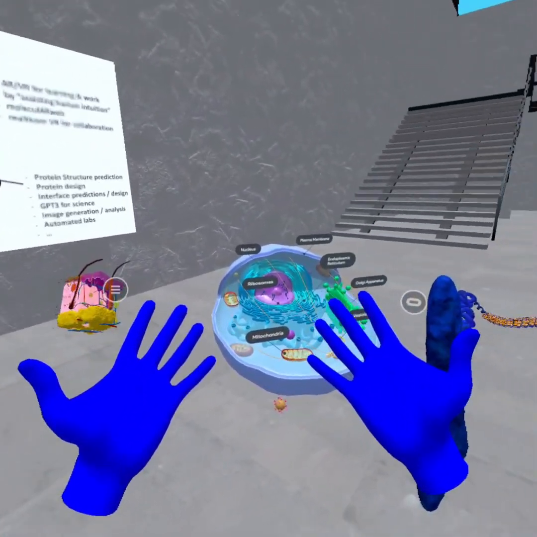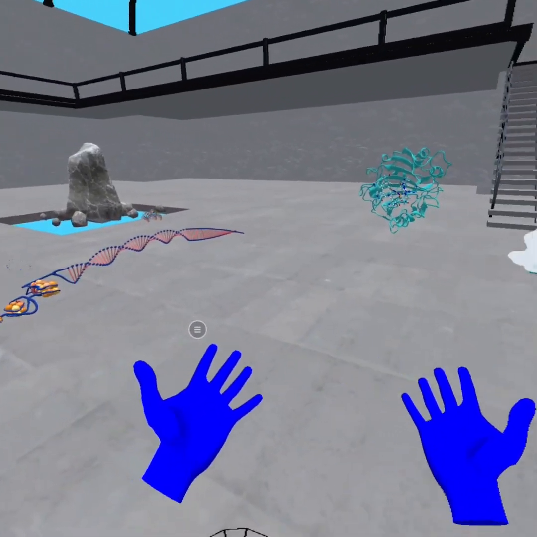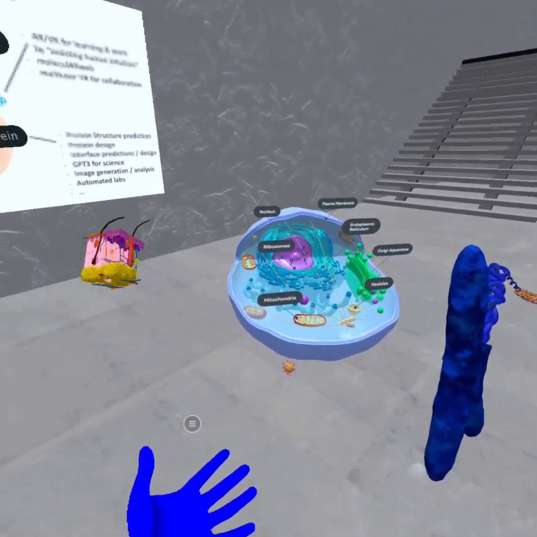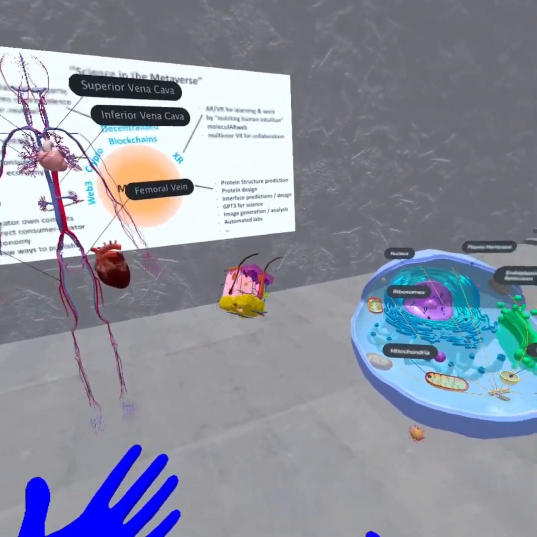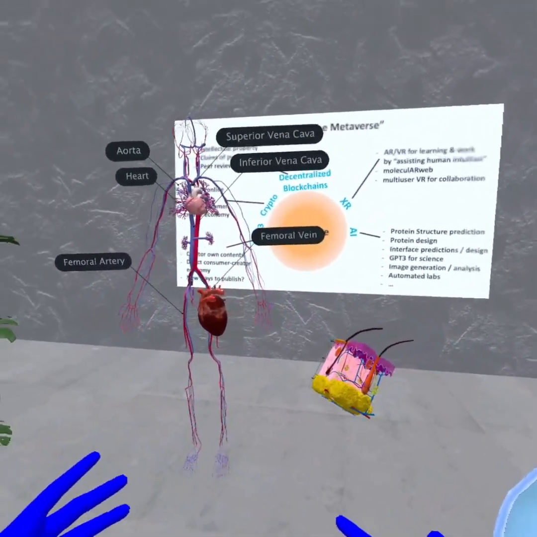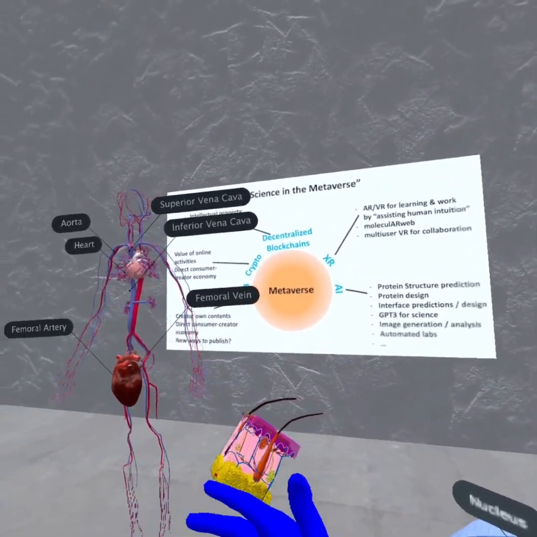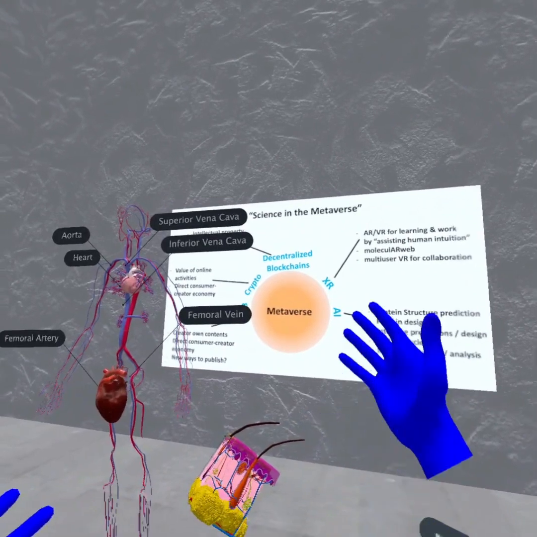So here it's only me, but we could have more people and we would all be sharing the same virtual reality session. This is part of our vision about how science will be taught and done in the metaverse.